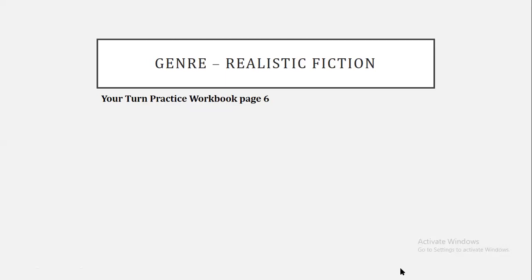We're going to read together first. Yes, Hannah? Miss, can you tell me which book we should have? We should have our Your Turn practice workbook, page 6, the same one that we used last session.